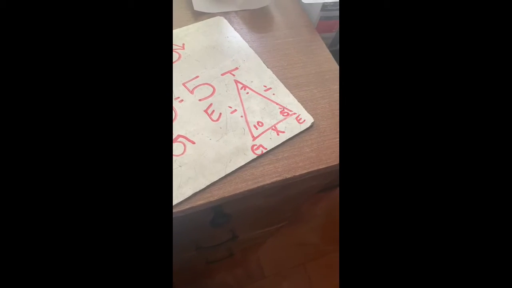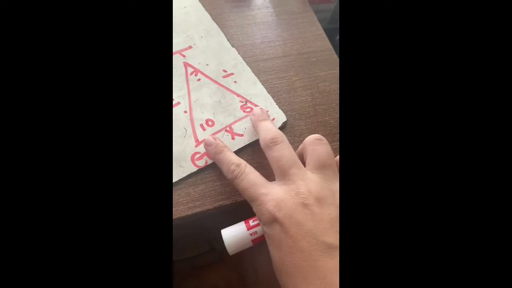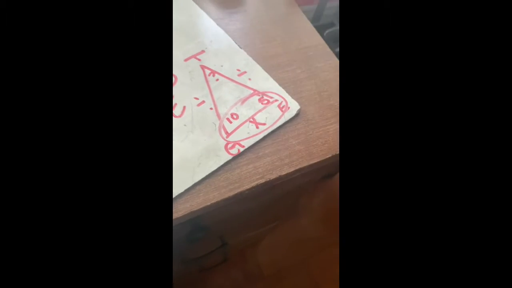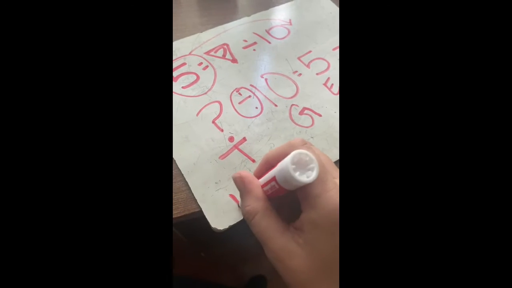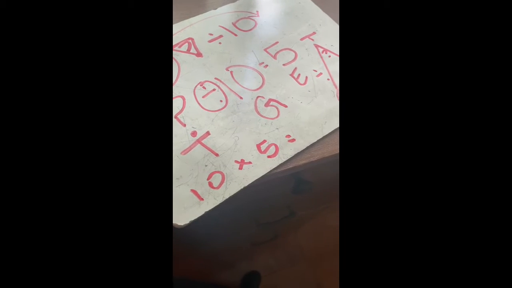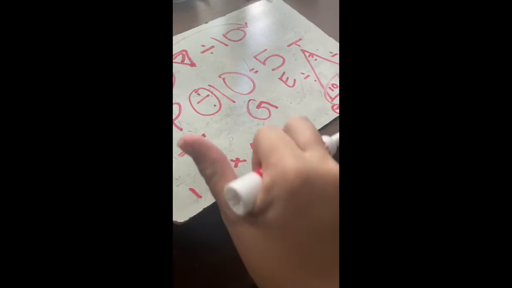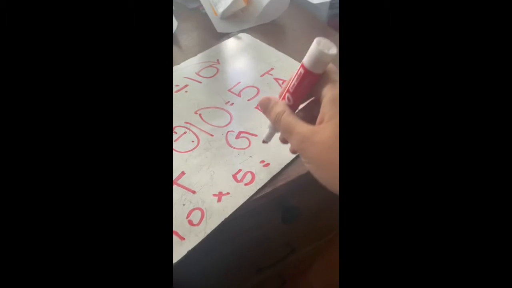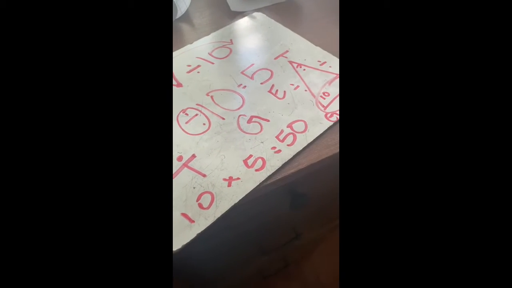And remember, to use the get triangle successfully, I put my 2 numbers and find the operation in between them. So what am I gonna do to find the answer to this problem? I'm gonna do 10 times 5. And 10 times 5 equals 10, 20, 30, 40, 50. 10 times 5 equals 50.